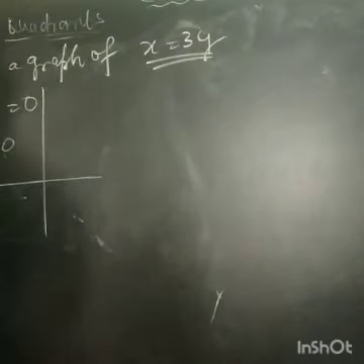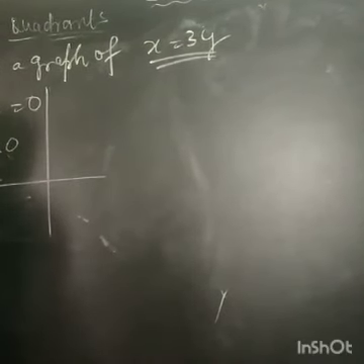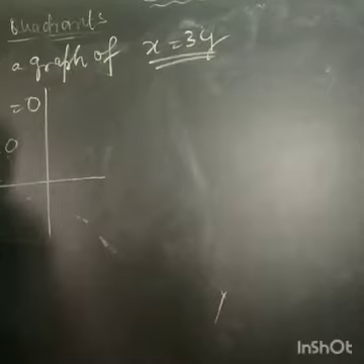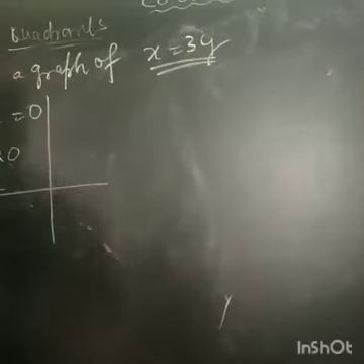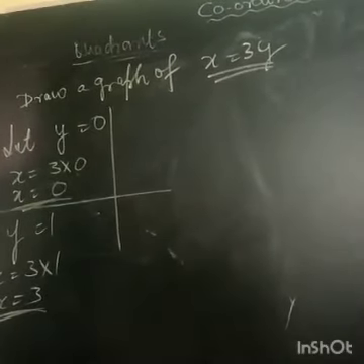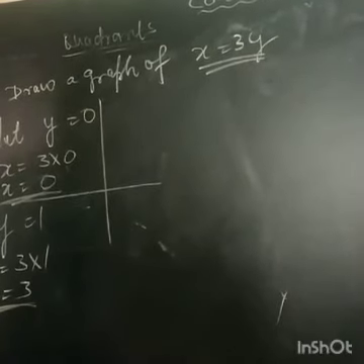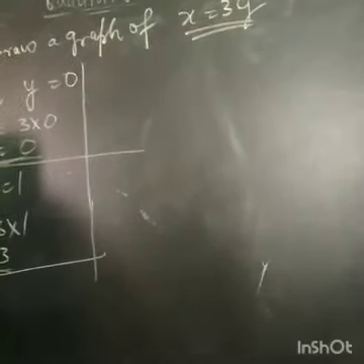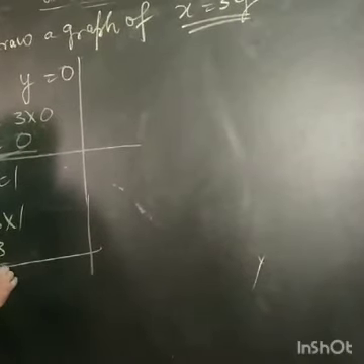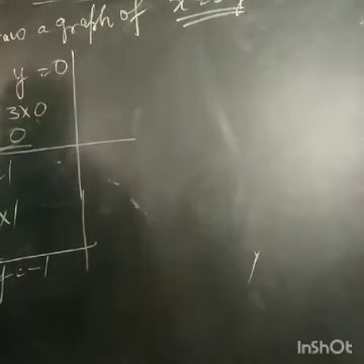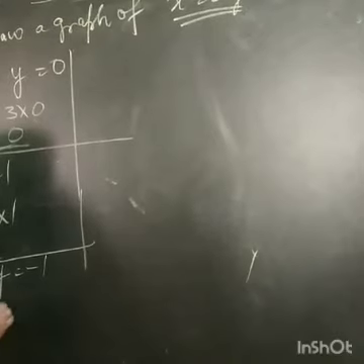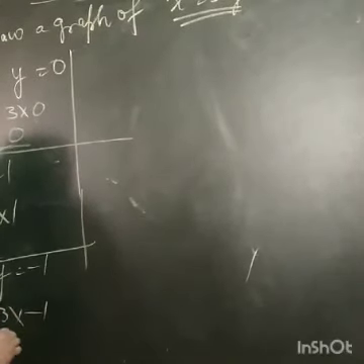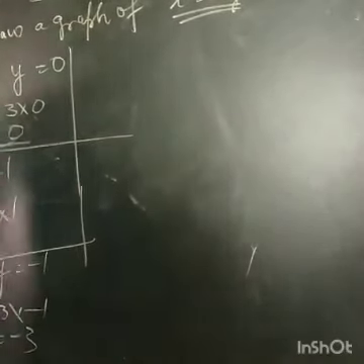If we take y as 1, then x = 3 multiplied by 1, x = 3. Similarly, let us take one more point. Let y = -1. Then x = 3 into -1 = -3.